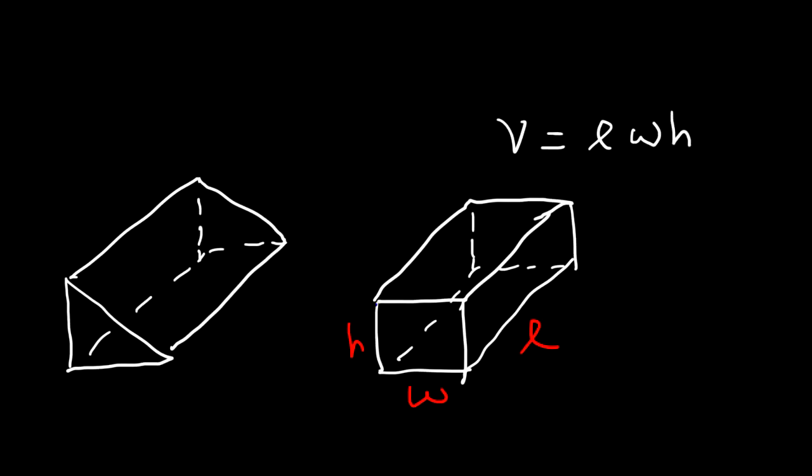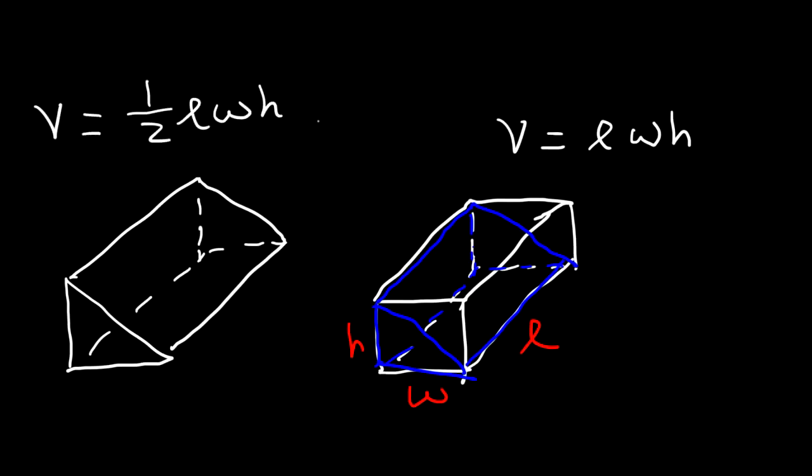Let me draw it inside the rectangular prism in blue. As you can see, it's about half of the volume of the rectangular prism. So it turns out that the volume of a triangular prism is 1/2 length times width times height.